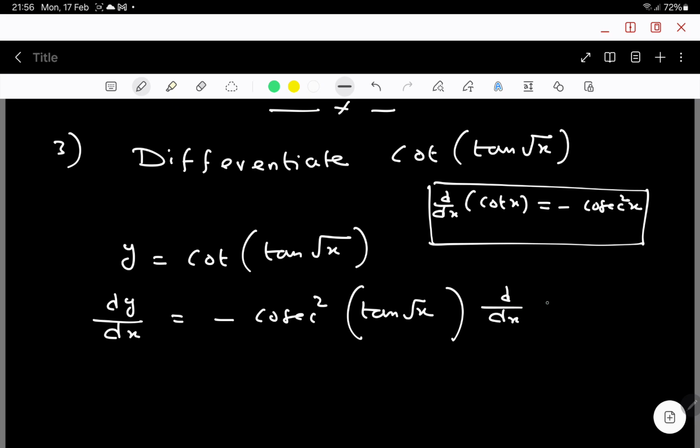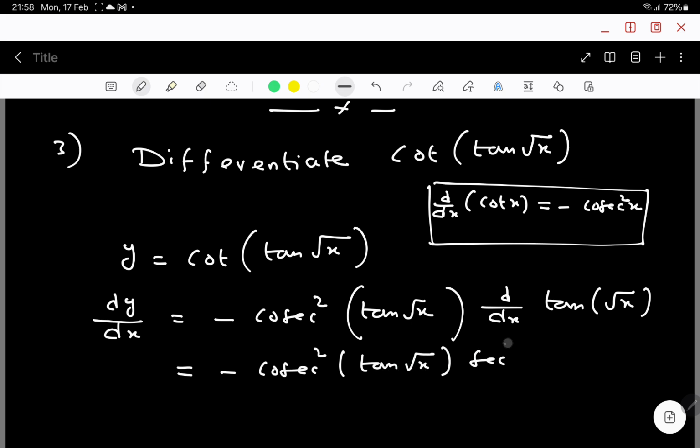So d by dx of tan root x. d by dx of tan root x is secant square root x. Again differentiating root x, that is chain rule. So minus cosecant square tan root x, secant square root x, d by dx of root x.